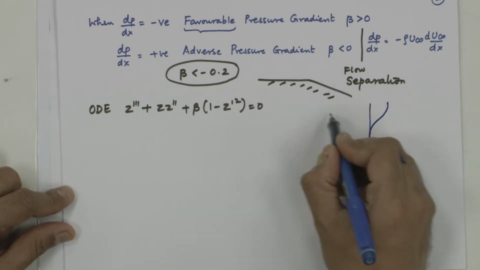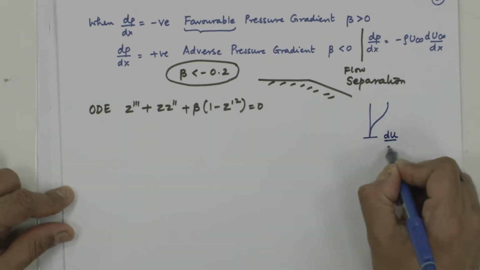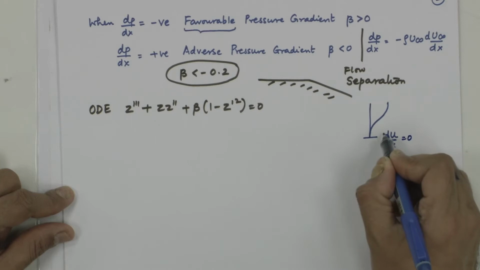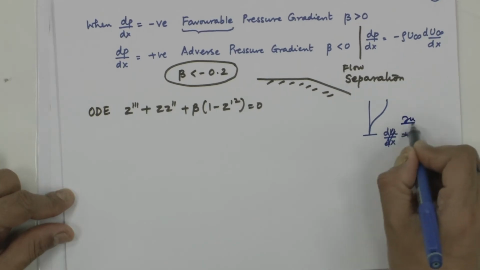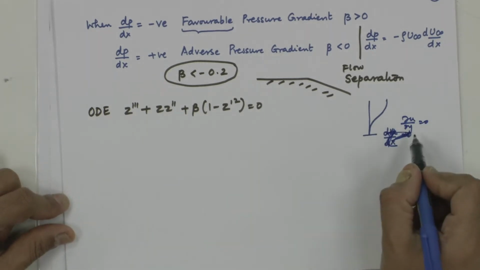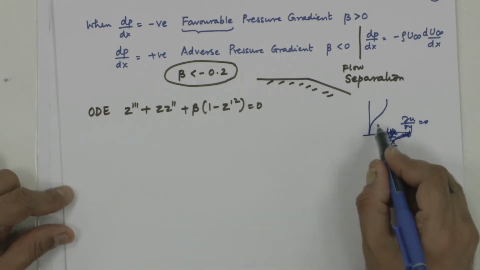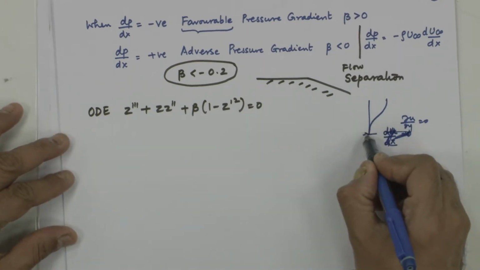The velocity profile would become such that du by dy is equal to 0.